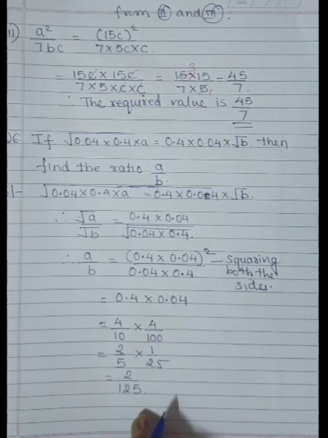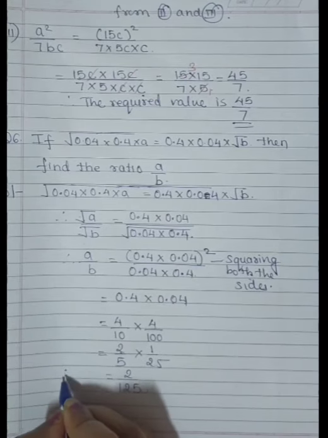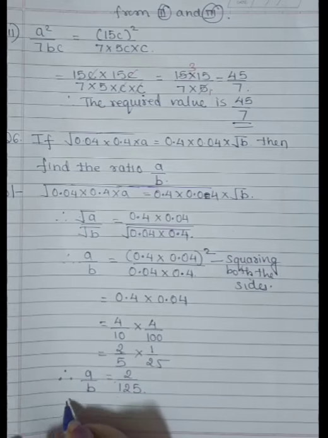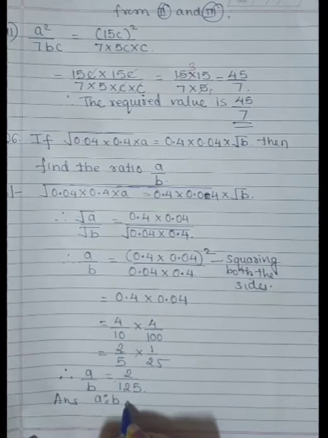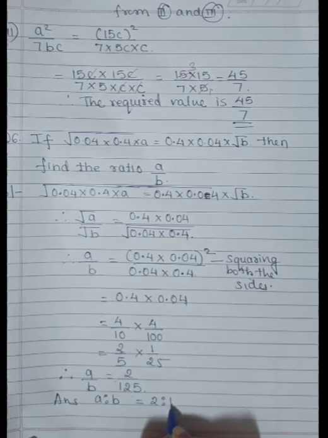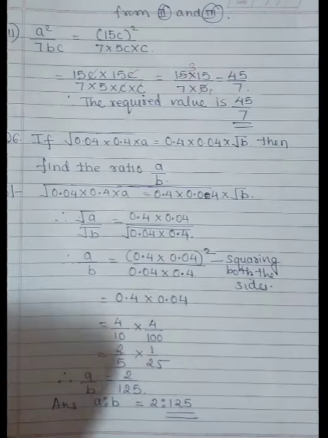Okay, this is our answer. Now therefore a upon b is 2 upon 125. So therefore the answer is a ratio b, a is to b is equal to 2 is to 125. This is the answer of question number 6.